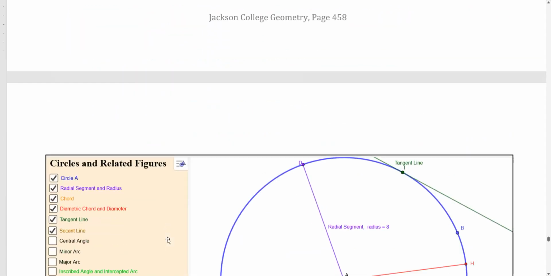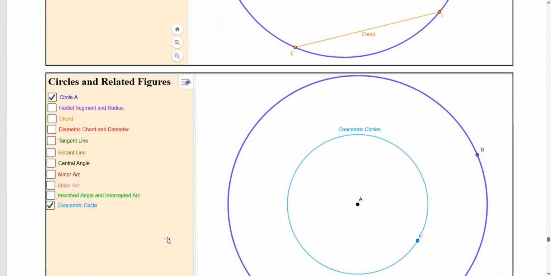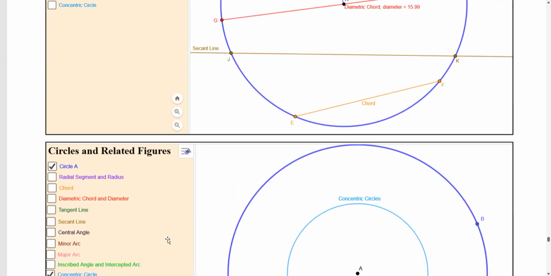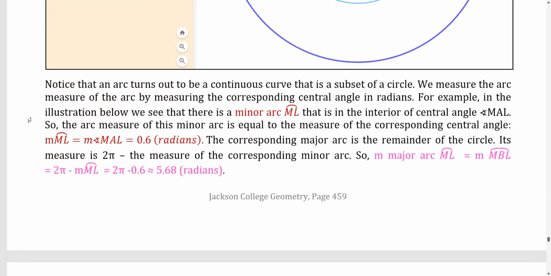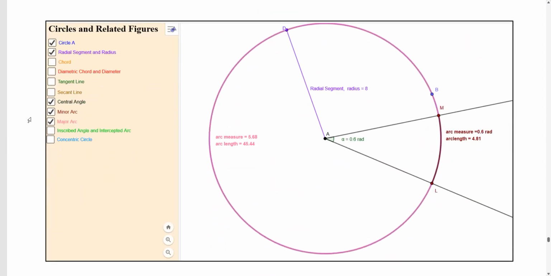Okay, and so here's some of these together from that same thing. Okay, so let's talk about a couple other things here that are related. Notice that an arc turns out to be a continuous curve, and it's a subset of the circle. We measure the arc measure of this arc by measuring the corresponding central angle in radians. So let's see, what about this illustration? I think we've already talked about all of this here.